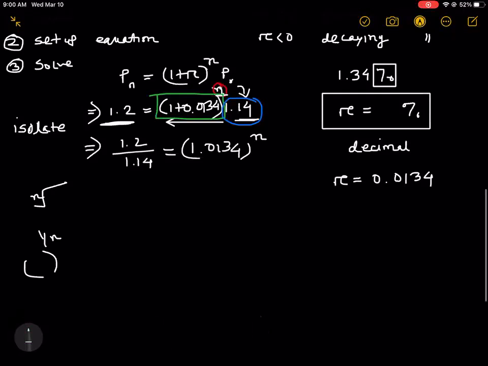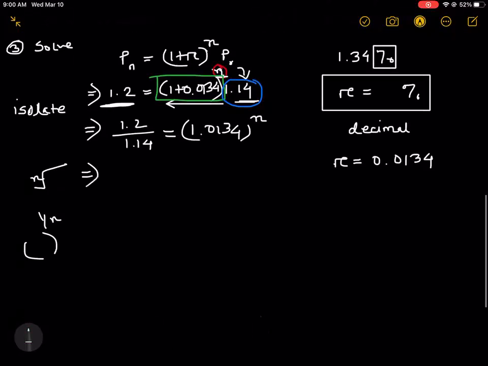And if I just rewrite this, I'm just changing sides. So 1.2 divided by 1.14 gives us 1.05. We can take up to 4 decimals at least.